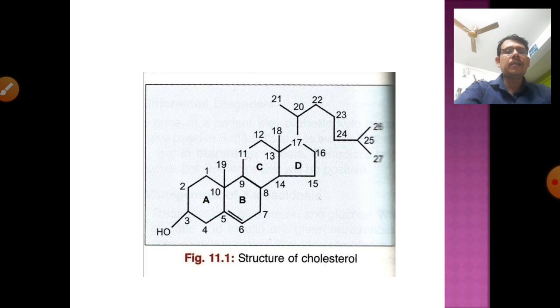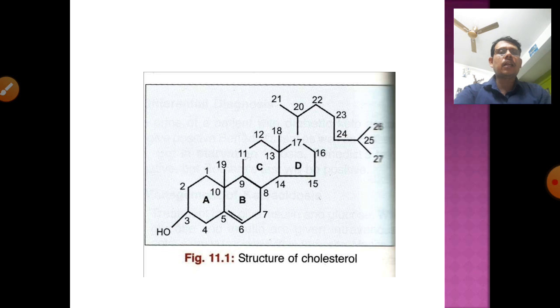This ABCD ring is the basic steroidal nucleus, called the cyclopentanoperhydrophenanthrene ring. All steroids have this basic ring with 19 carbon atoms, but cholesterol consists of 27 carbon atoms.